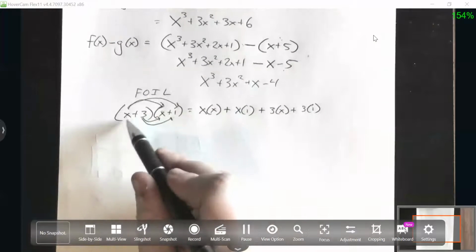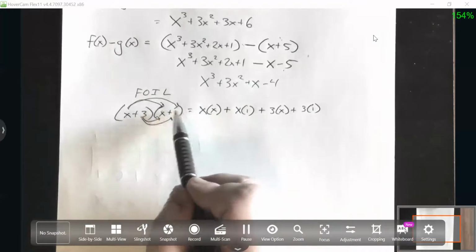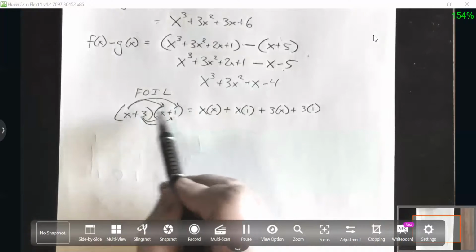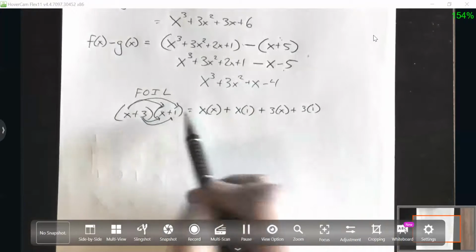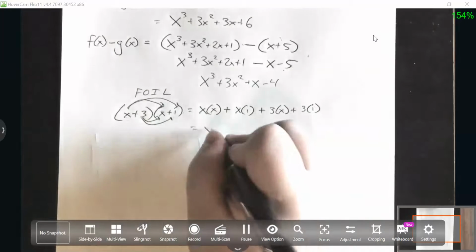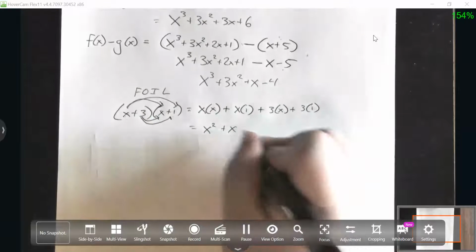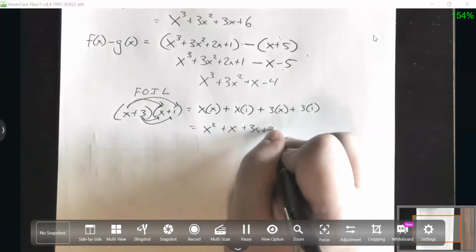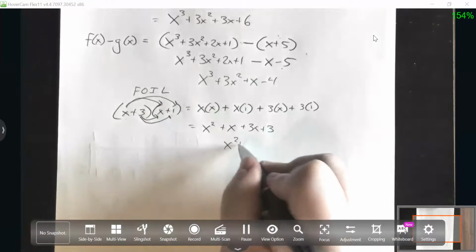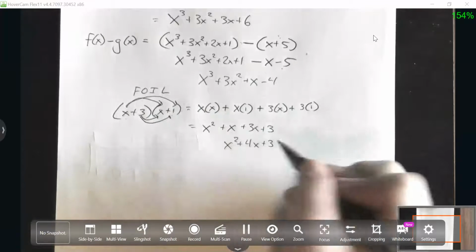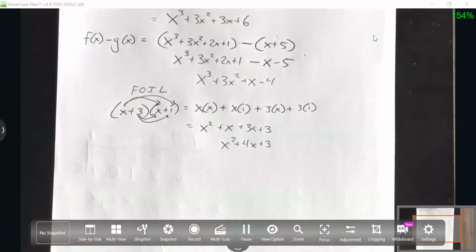So each term in the first distributed to each term in the second. The x went to the x and the 1, the 3 went to the x and the 1. We can multiply that out and then combine any like terms and get our answer. So that's kind of what we did a long time ago.